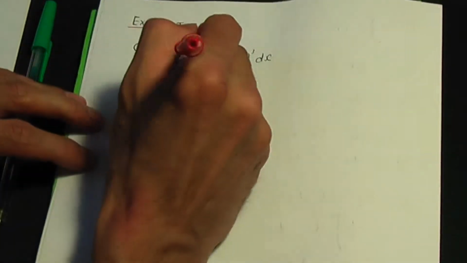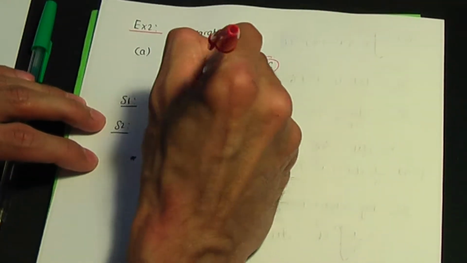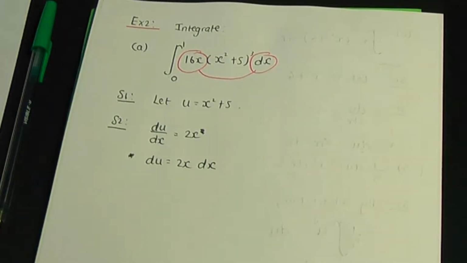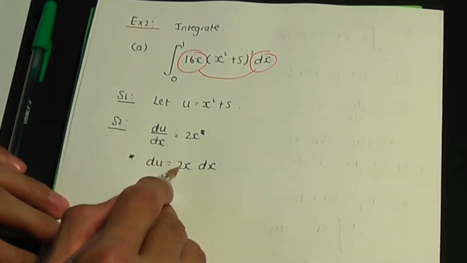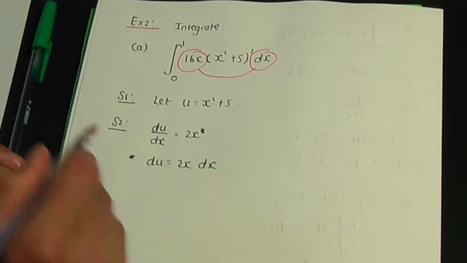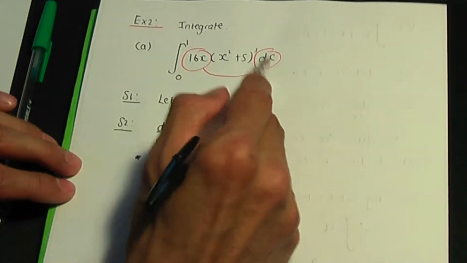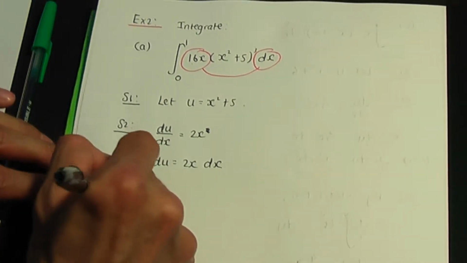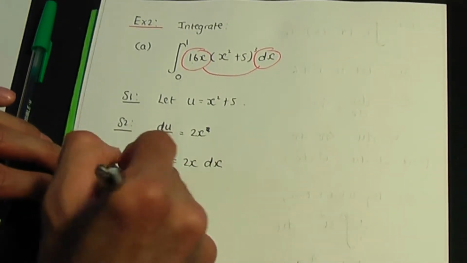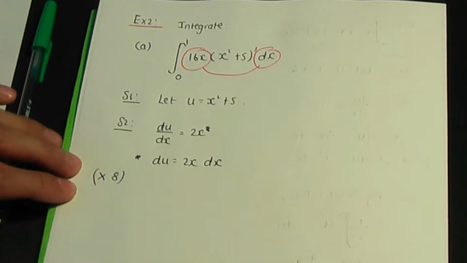In our integral, I have 16x dx. These are the remaining terms of our integral. Currently, I've got a 2x dx here. I need to get 16x dx. So to get the 16x dx, I can multiply both sides of this equation by 8.